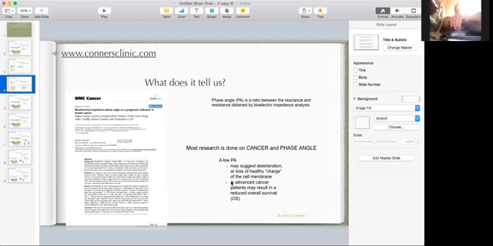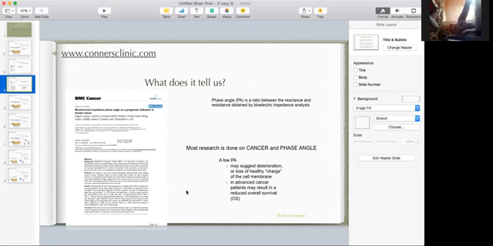So a low phase angle may suggest deterioration or loss of healthy charge of that cell membrane, like we spoke of. And a low phase angle can show that the cancer is advancing, and the overall survival is going to be reduced in a cancer patient if their phase angle is dropping.